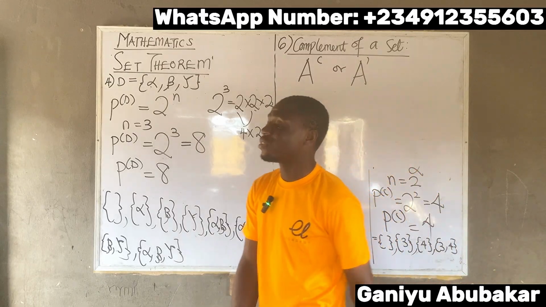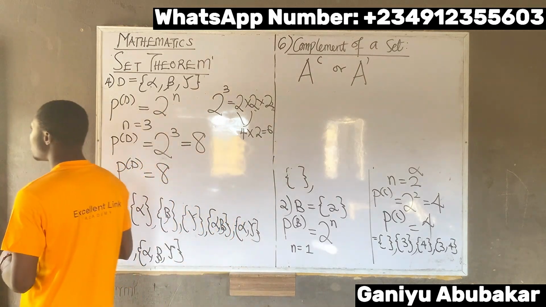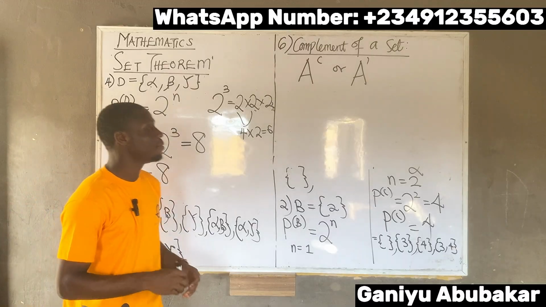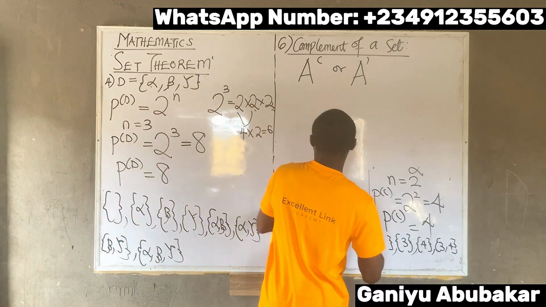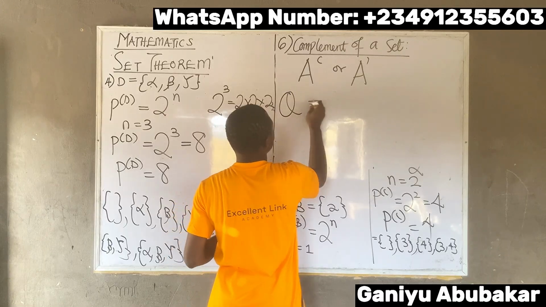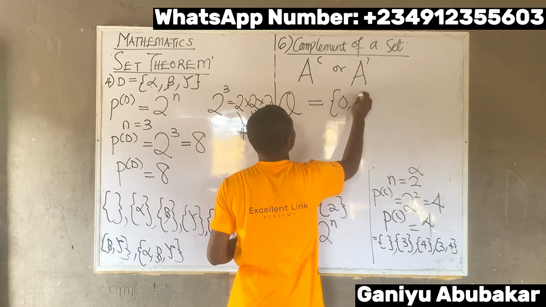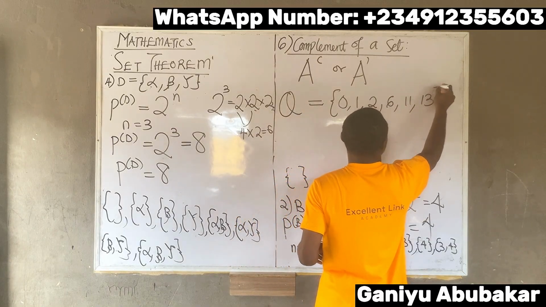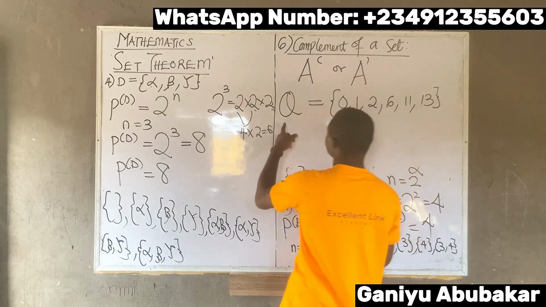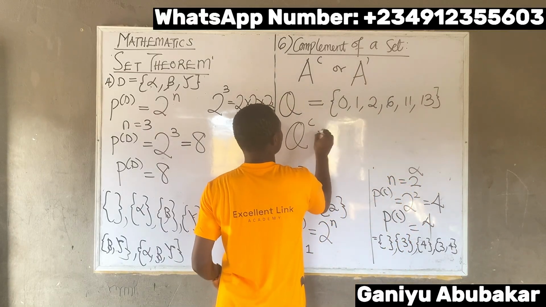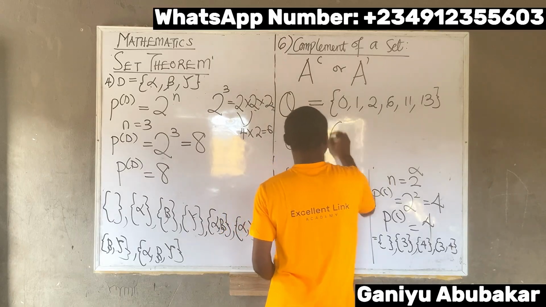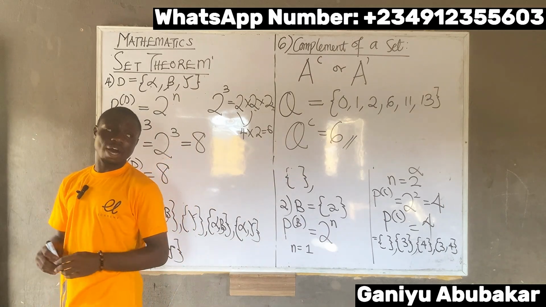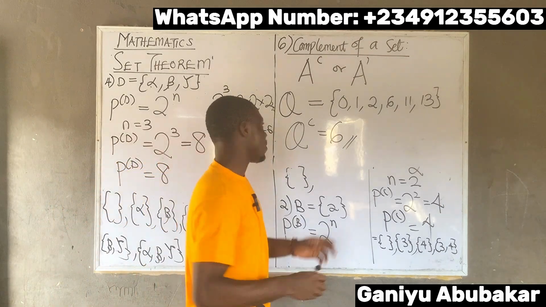If I have set Q equal to, let's say, 0, 1, 2, 6, 11, and 13, it means that the complement of set Q is 1, 2, 3, 4, 5, 6. That's 6. It tells you how many elements you have in that set. That's all.